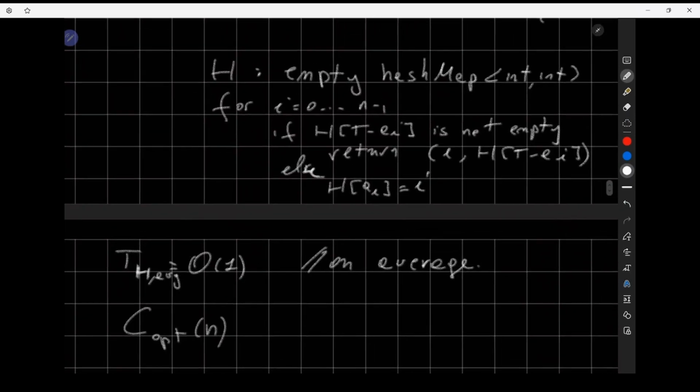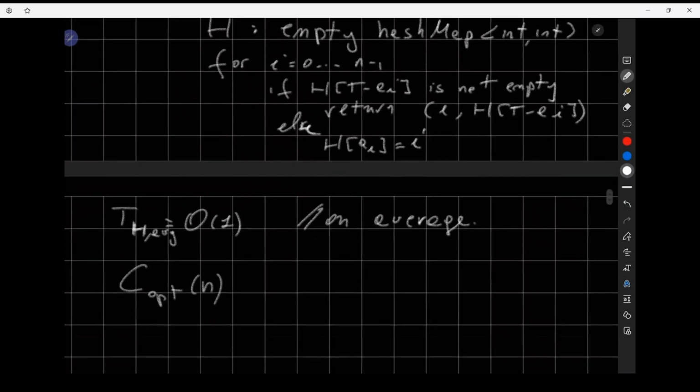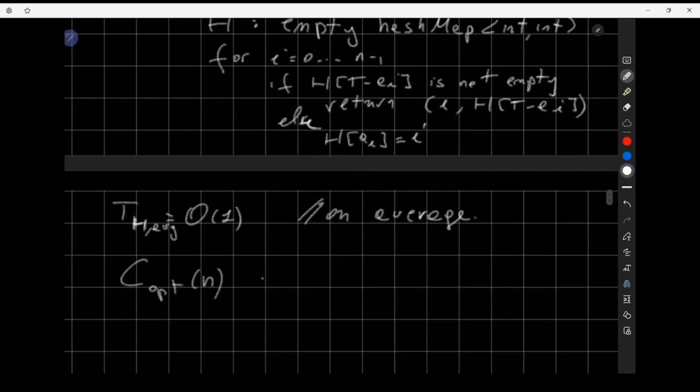Therefore, what we can put as an estimate for the running time, I'm going to call this C opt given n. For every iteration, we do a hash map operation. In one case it is a search, a retrieval, and in the other case it is just an insertion, but this is done for every iteration, either one or the other.